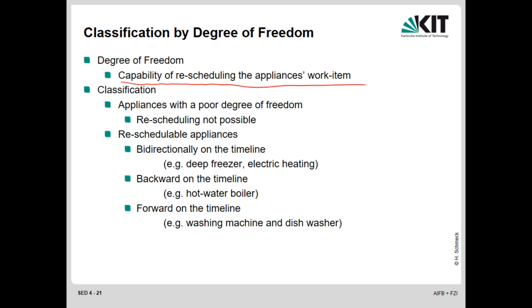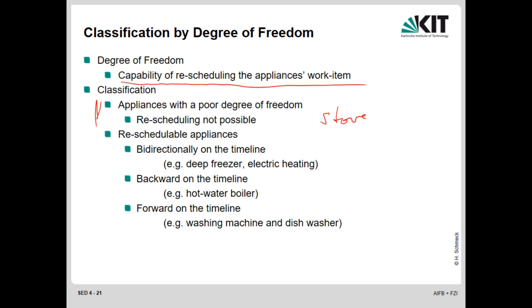For a fridge, for example, you can reschedule the time period where it's cooling down the interior. And there are appliances having a very poor degree of freedom, where rescheduling is not really possible. A typical example would be a stove. The stove is switched on when you want to cook something, and you cannot really control it externally.